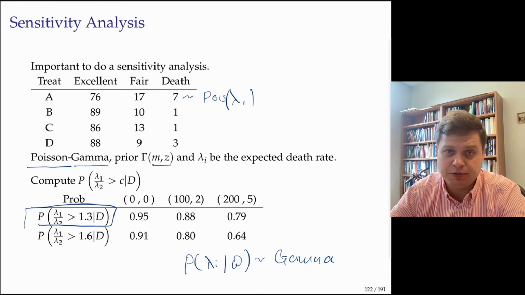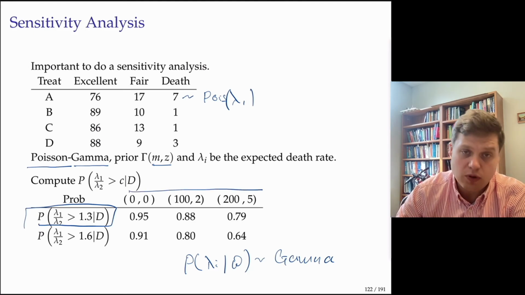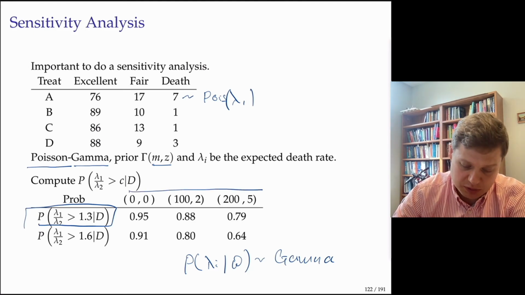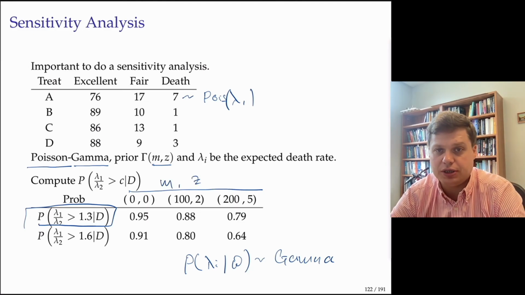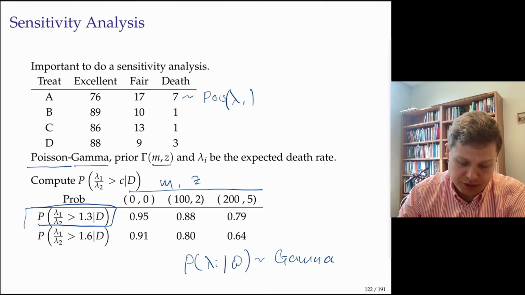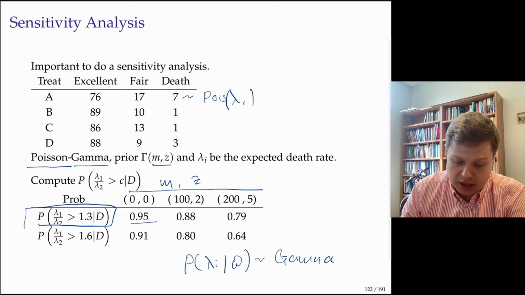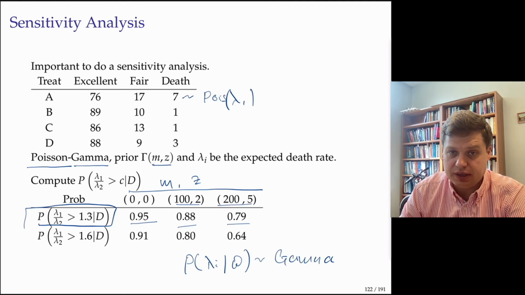In this case, these three columns correspond to different values of m and z, the choice of initial hyperparameters. If we choose m and z to be equal to 0 to begin with, then we have 95% that lambda 1 over lambda 2 is greater than 1.3, and 88% under the 1, 0, 2 assumption for the hyperparameters. And if you choose 2, 0, 5, then you get 79%.